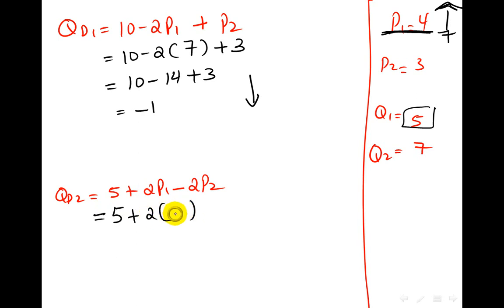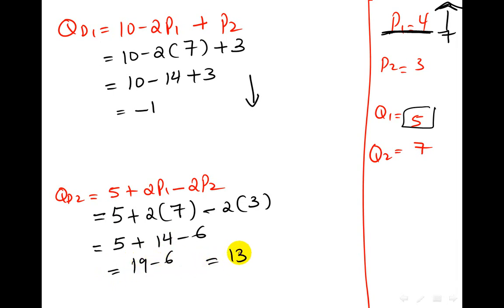I'm going to increase the P1 and make it 7. P2 must stay constant as it is. So this is going to be 5 plus 14 minus 6, which is 19, minus 6, which is 13.